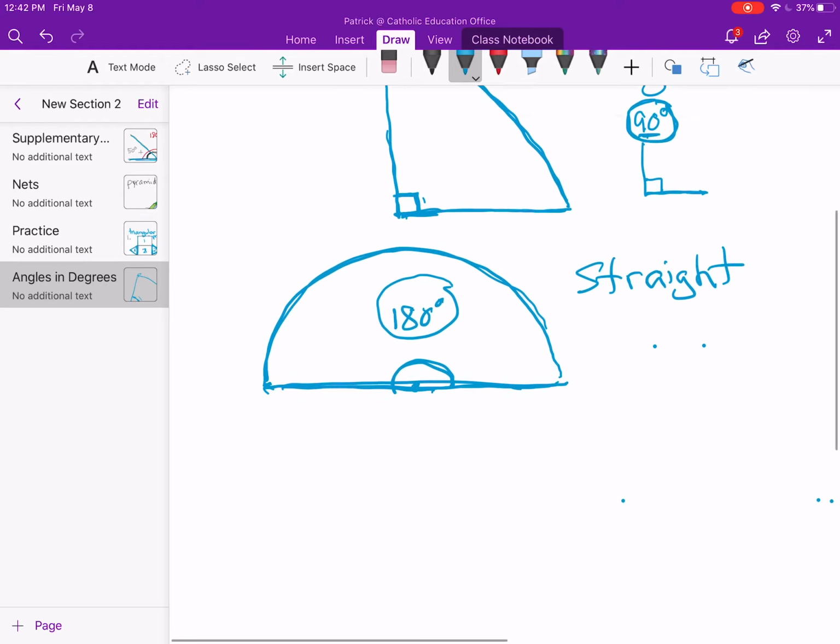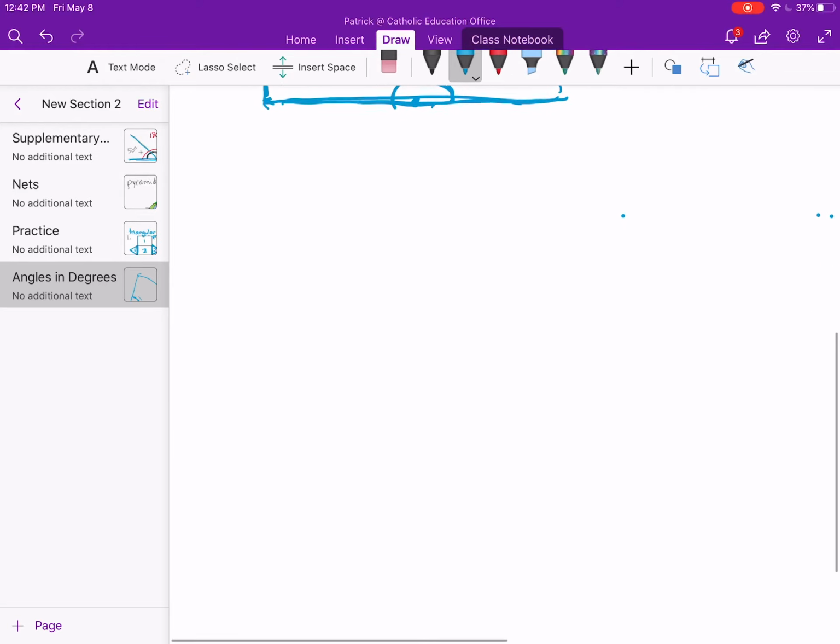So in this next little activity, I'm going to draw some angles, and you have to say if it's 90 degrees or 180 degrees. I'm going to put number 1, and you're going to get your math book out, and you can write at the top, angles.